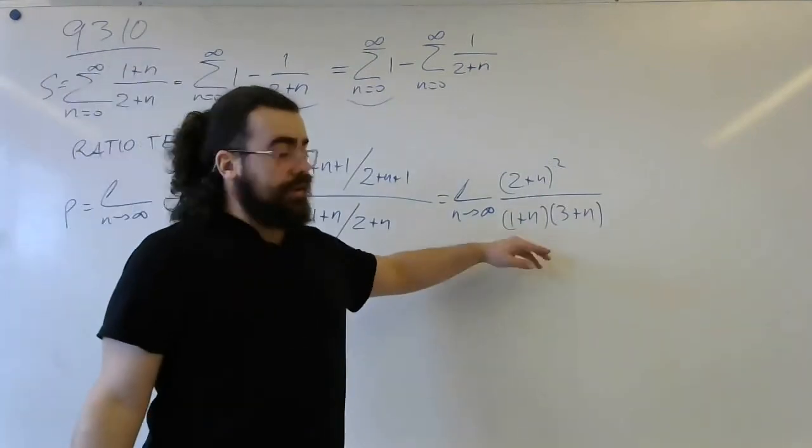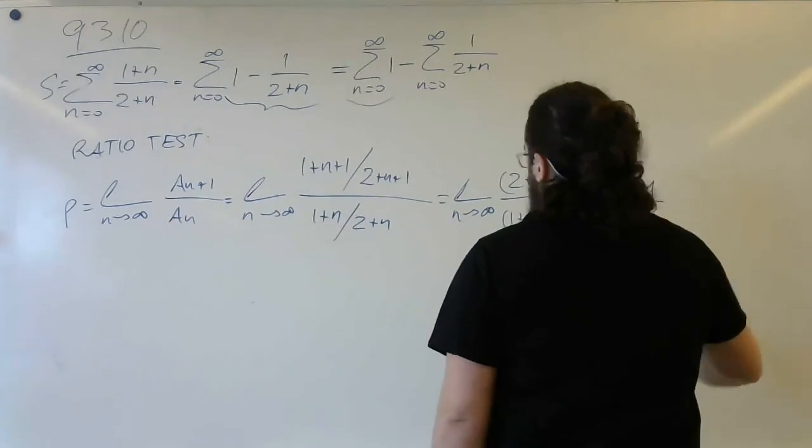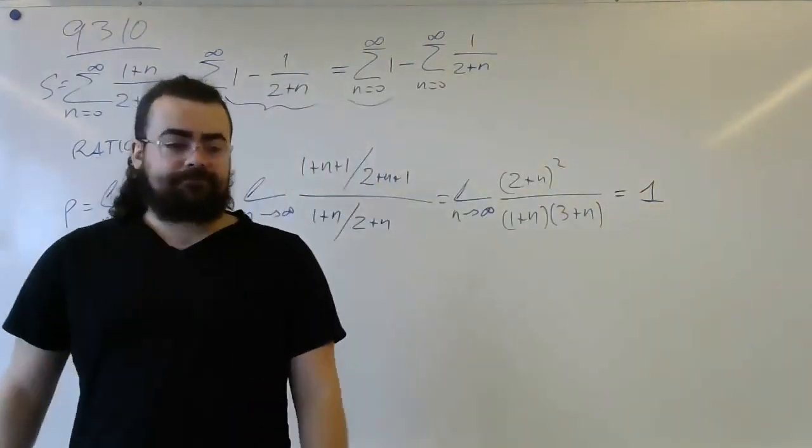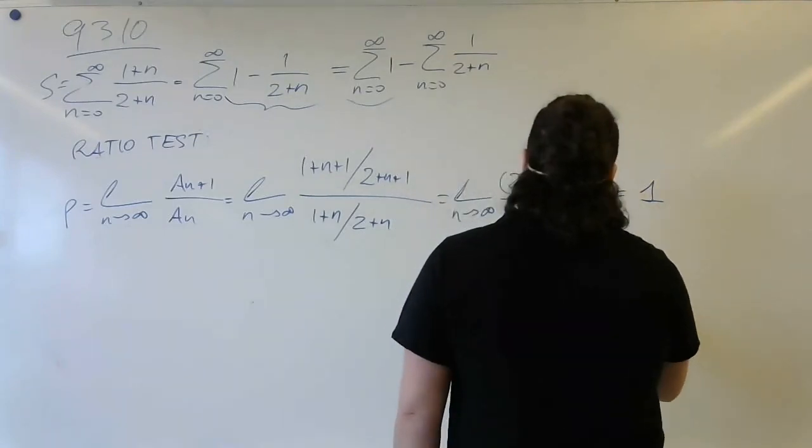Anybody seeing something interesting in this limit? It's equal to 1. What does it mean? The ratio test is inconclusive.